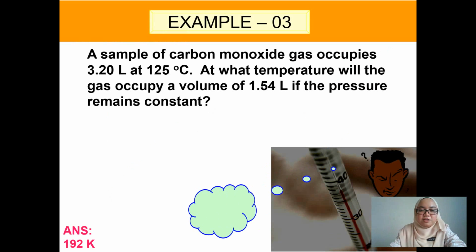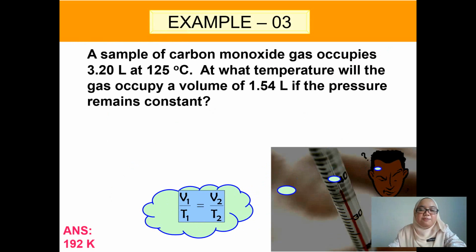Okay, let's look at this question. It says that a sample of carbon monoxide gas occupies 320 liters at 135 degrees Celsius. So this is the initial volume and this is the initial temperature. At what temperature will the gas occupy a volume of 1.54?